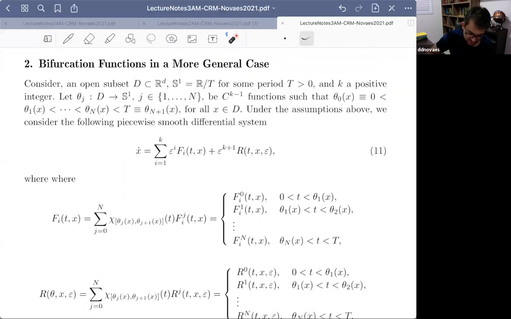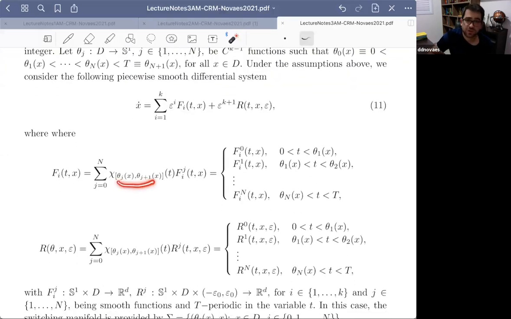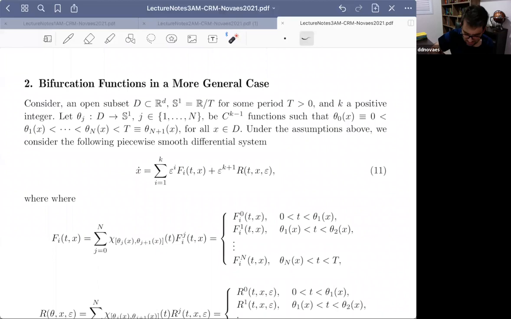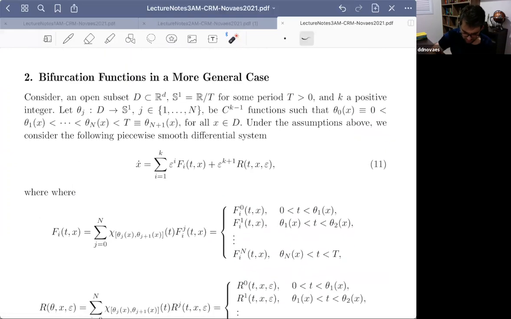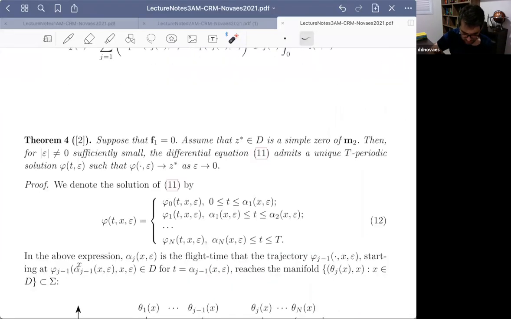In this case, these intervals depend on the variable x. Okay, so I'm assuming that those functions theta j satisfy these inequalities, cannot intersect themselves, and they are just smooth functions on the domain D. Okay, so the idea, I have a picture here.